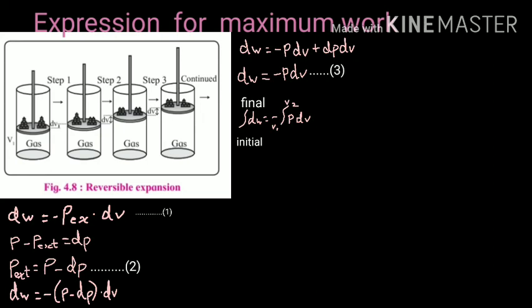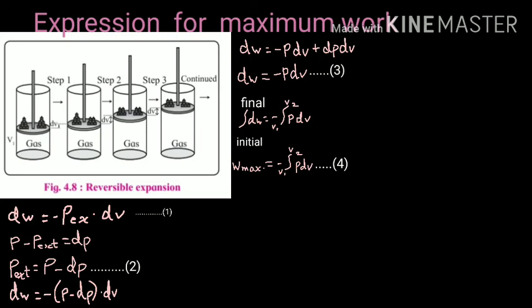We are carrying out the integration to determine the maximum work done. Hence, the equation will now become W max is equal to minus integrating PdV between the limits V1 and V2. So dW, which was the small amount of work done, on integration becomes W max. Take the above equation as 4.